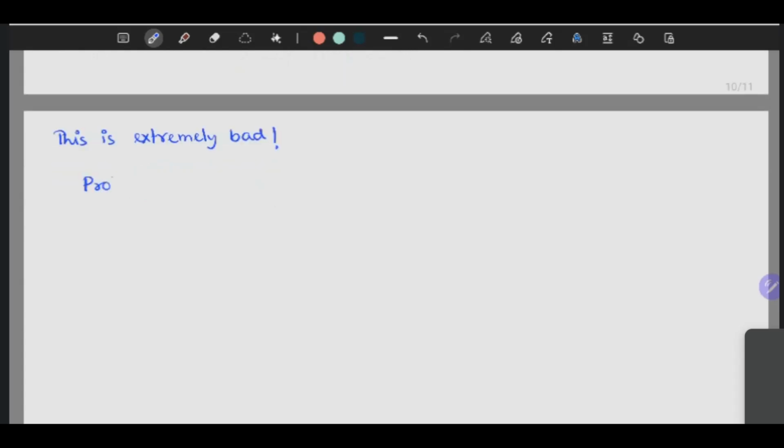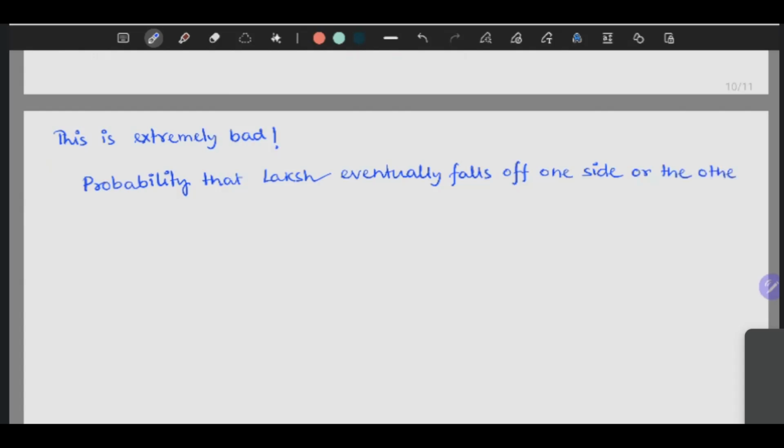The probability that Lux eventually falls off one side or the other is n by W plus (W minus n) by W, that makes it 1, right?